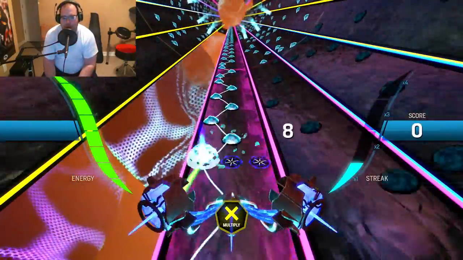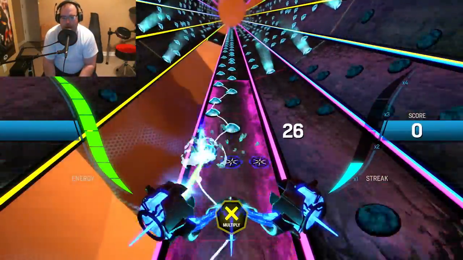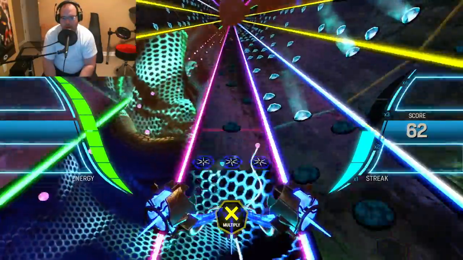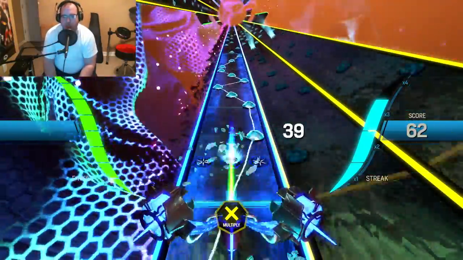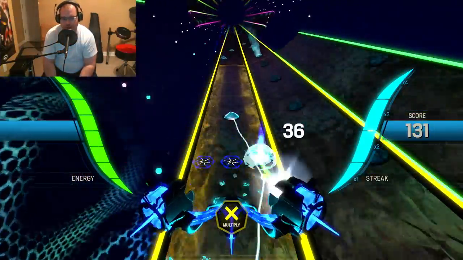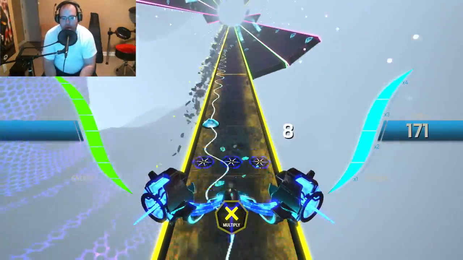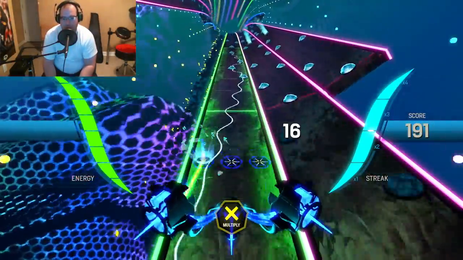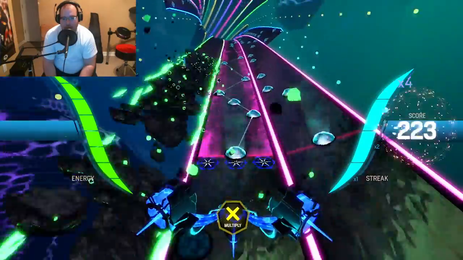So what I mean about vision is where to look when you're playing the game. Now, some people will probably look exactly where those targets are. You see where those blue circles are in the center there?